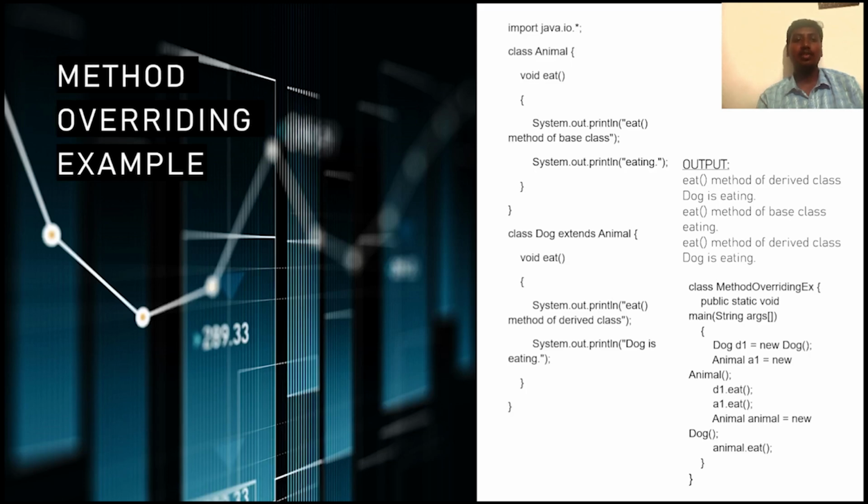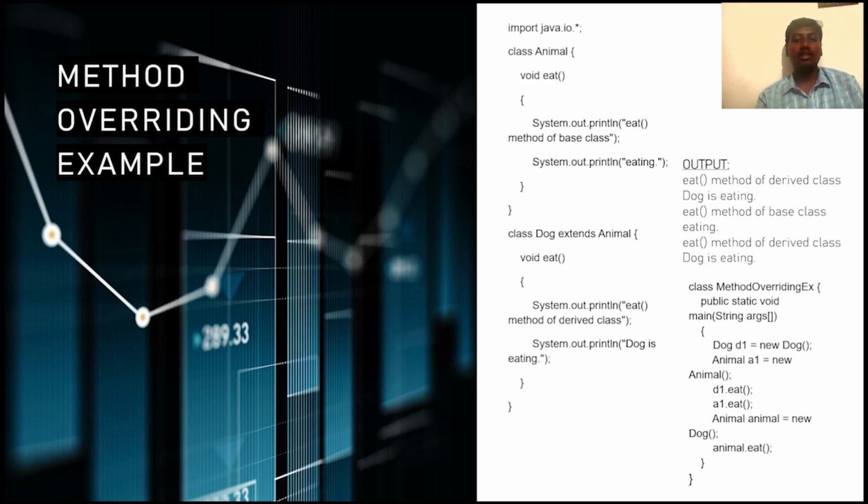This is an example of method overriding. First we import java.io.*, which includes the basic input output package. Class Animal, void eat. Void eat is a function. We are printing the eat method of the base class, which shows that the inner function is called.